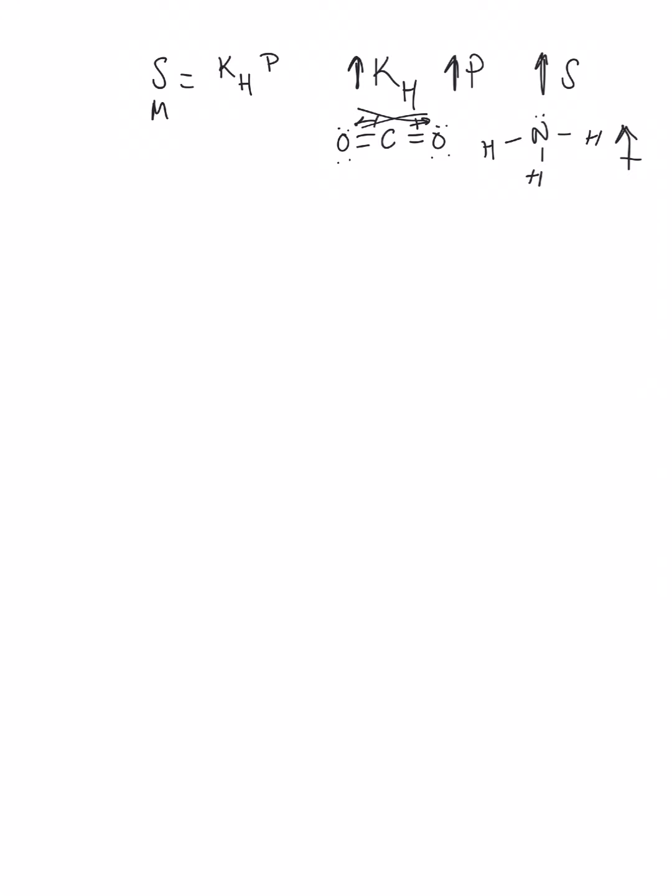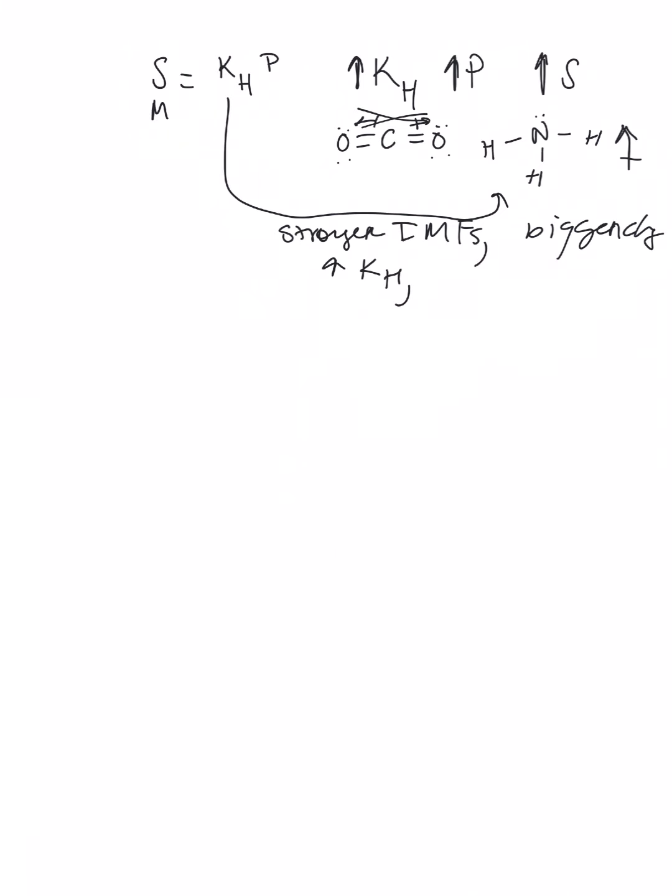So the Henry's law constant is linked to structure and polarity. And remember, the stronger the IMFs, so the bigger the charges on the molecule, the larger the Henry's law constant and the more soluble the compound.